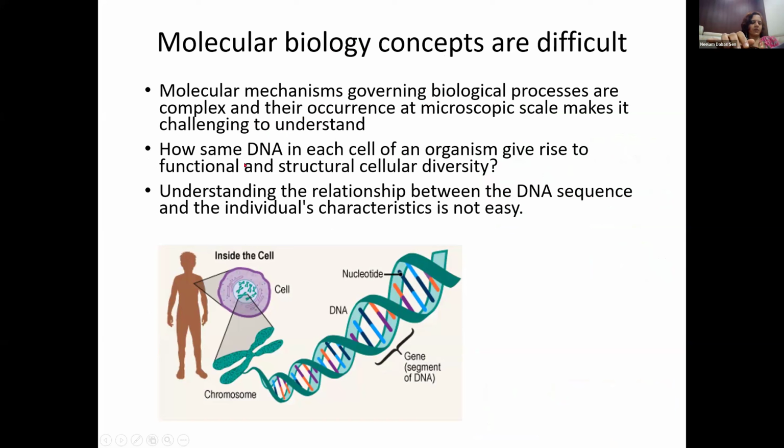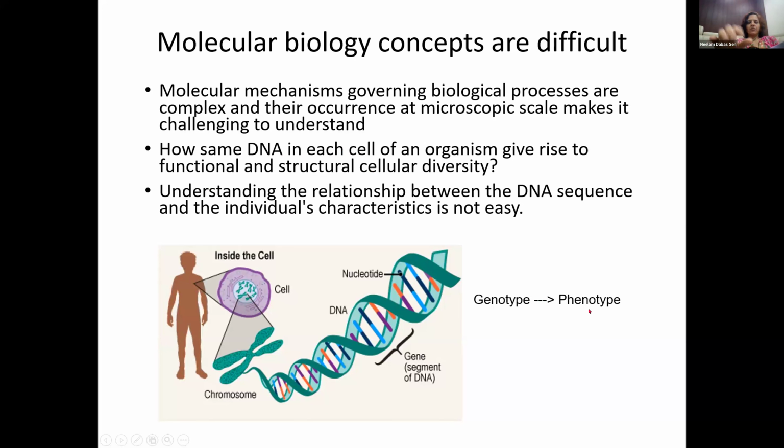And it is very difficult to imagine how the same DNA in each cell of an organism can give rise to a wide range of functional and structural cellular diversity. And to understand the relationship between the DNA sequence and different cell types and the characteristics of the person, it's not very easy for most of us.